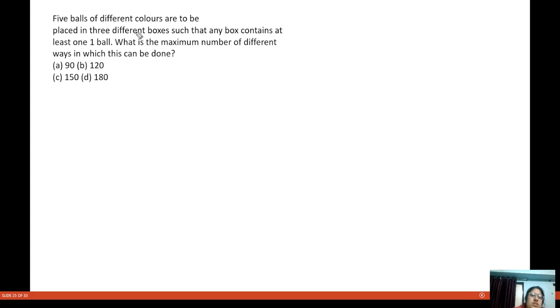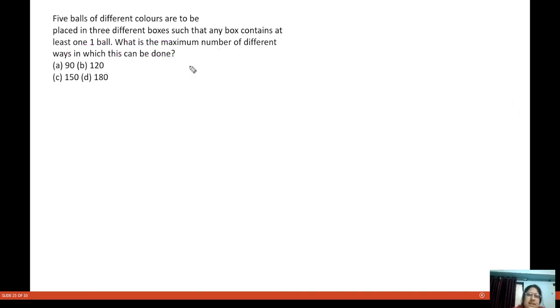Now, 5 balls of different colors are to be placed in 3 different boxes such that any box contains at least one ball. What is the maximum number of different ways in which this can be done? So 5 balls of different colors.